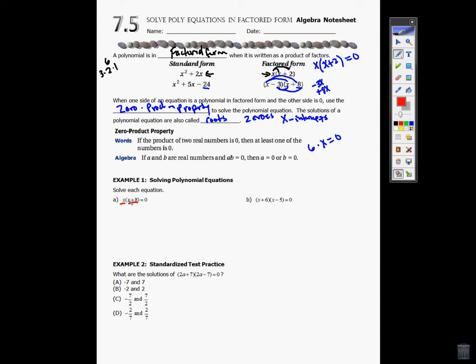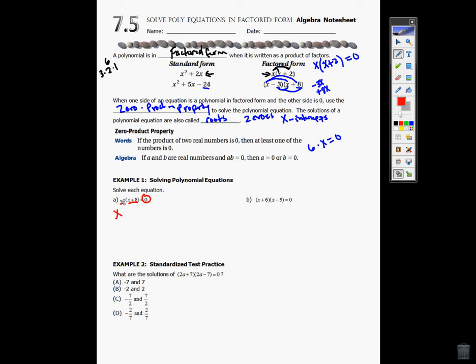I can consider x plus 8 to be one number because it's within the parentheses. If it's within the parentheses, it's going to get evaluated first, and once this is evaluated, then it would get multiplied. So this is one number, x, this is one number, x plus 8, and they're multiplying each other. By the zero product property, I know that when two numbers multiply, one of them has to be a 0 if the solution is 0.